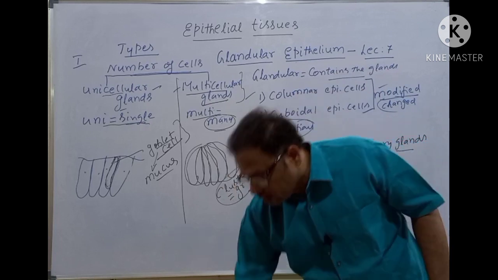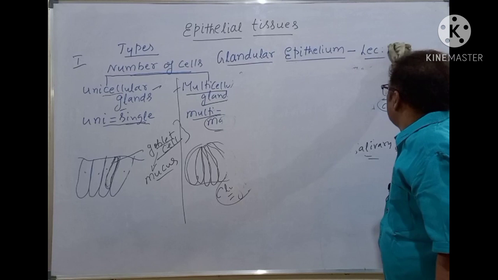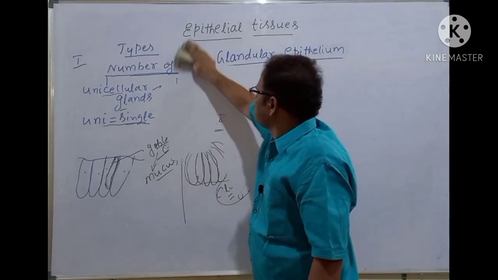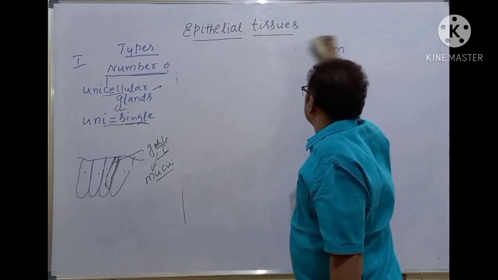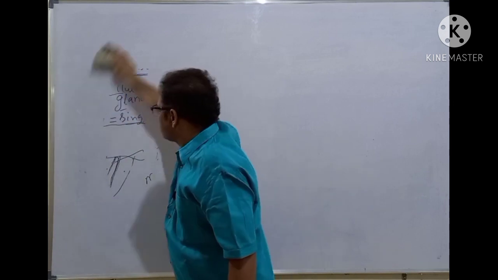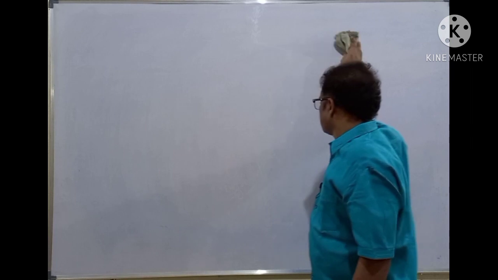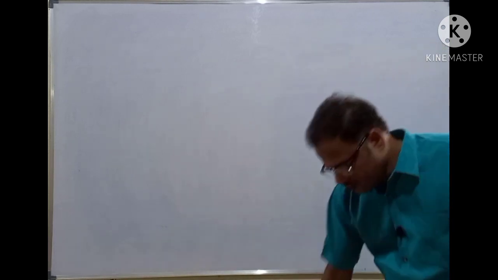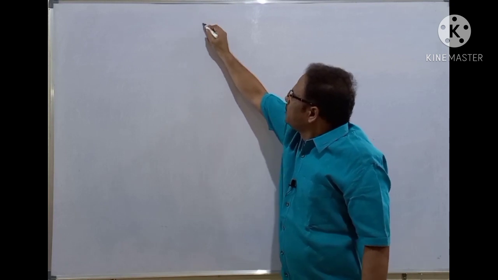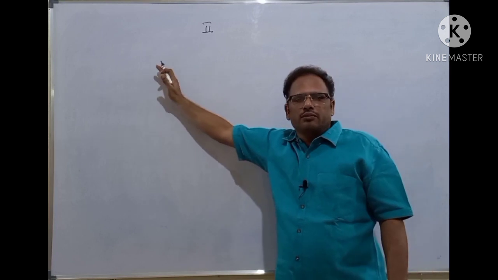Now we will be discussing the second categorization of glandular epithelium. The first one was basing on the number of cells.